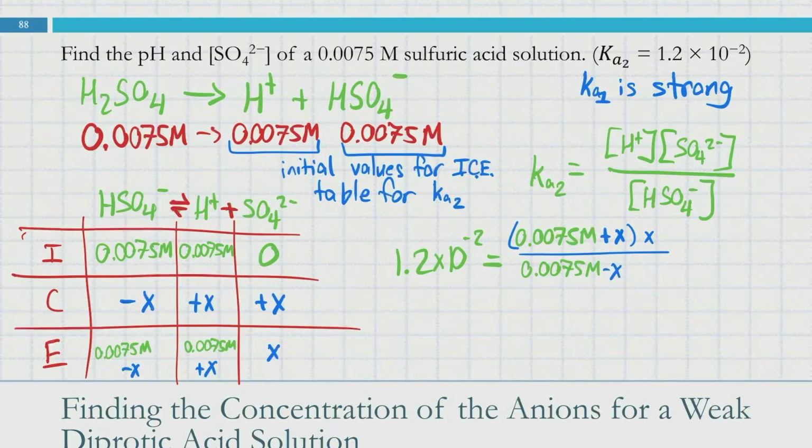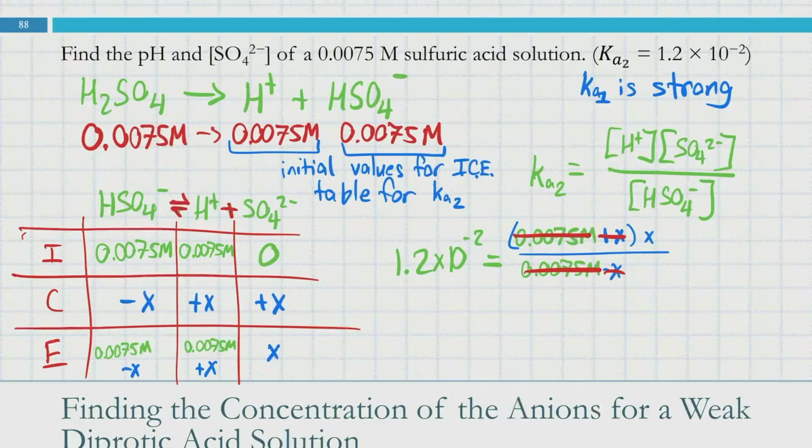Any guesses on whether we can use our x is small approximation here? So if we try our x is small approximation, the plus X and the minus X will disappear. And so we'll have 0.0075 molar on the top and bottom. So those would both disappear.